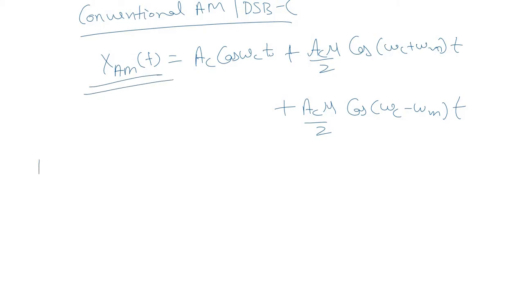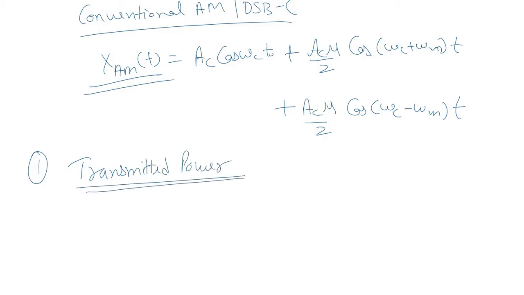The very first important parameter is the transmitted power required for a conventional AM modulated signal. Now see, it has three different components: carrier, upper sideband, lower sideband, right? All the three components will require some power to be transmitted.